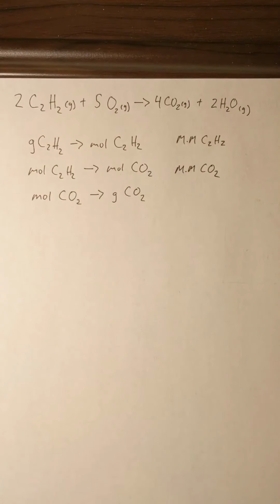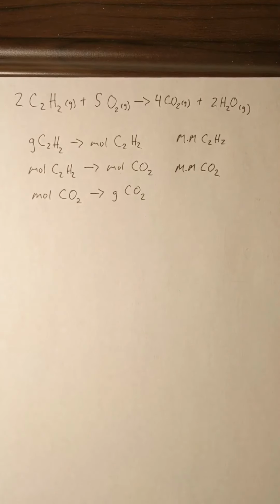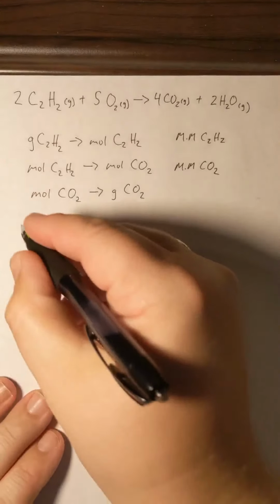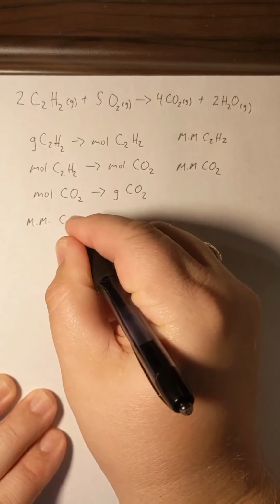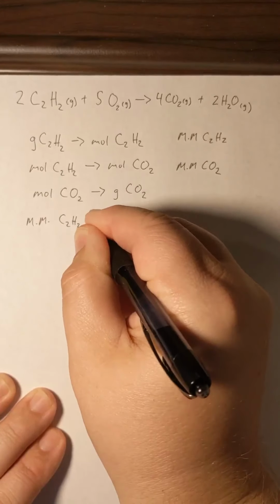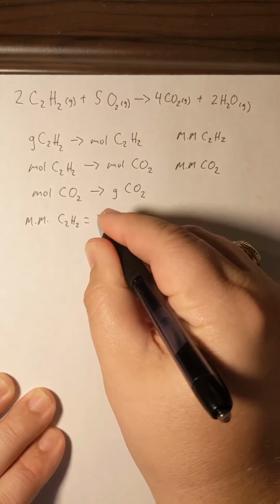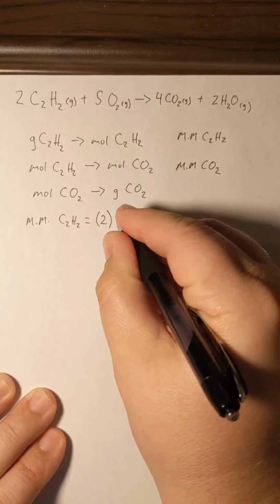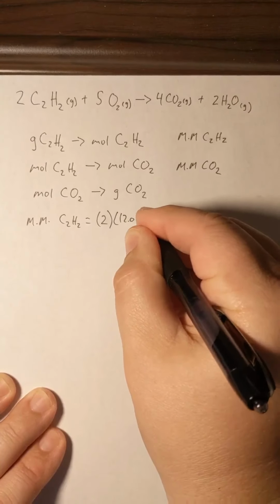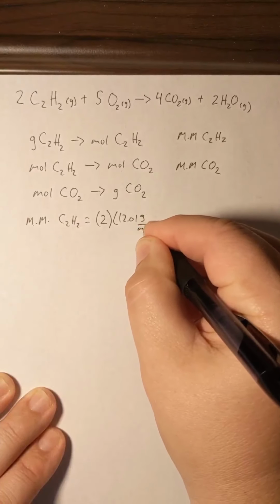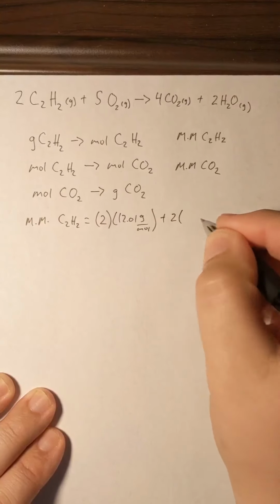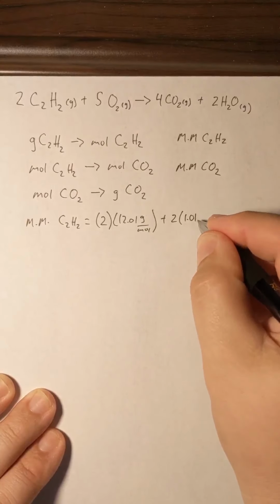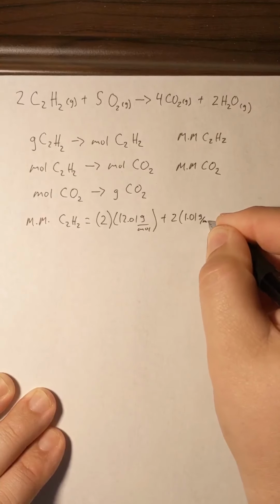Now, neither of these values are given to us in the problem, so let's go ahead and calculate both of them quickly here. Our molar mass of C2H2 will be our 2 atoms of carbon times the 12.01 grams per mole plus our 2 atoms of hydrogen times the 1.01 grams per mole.